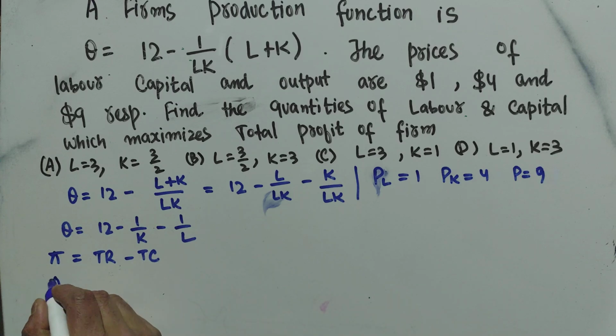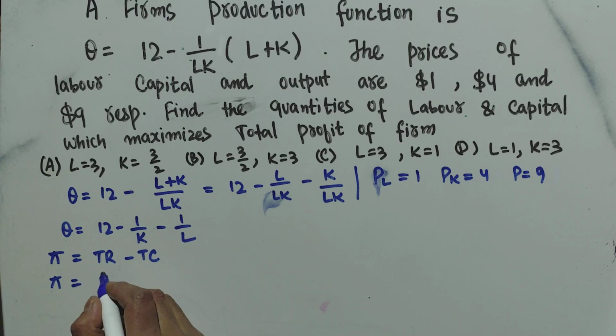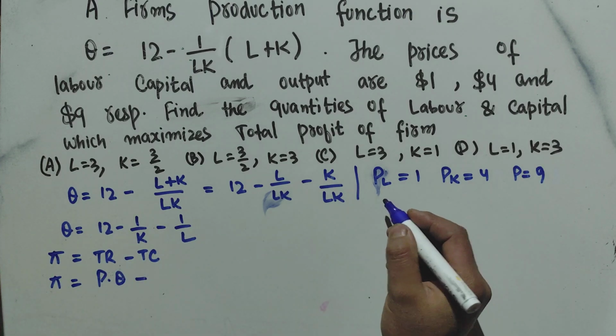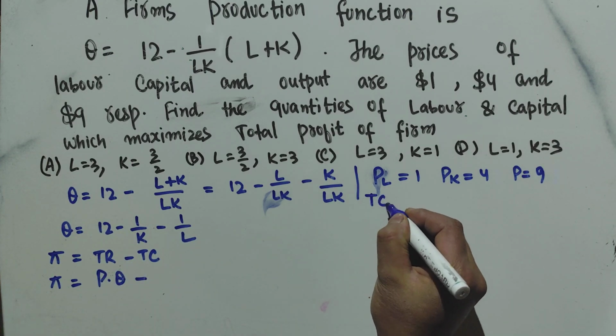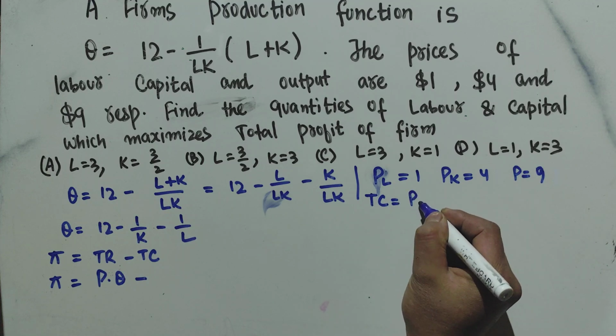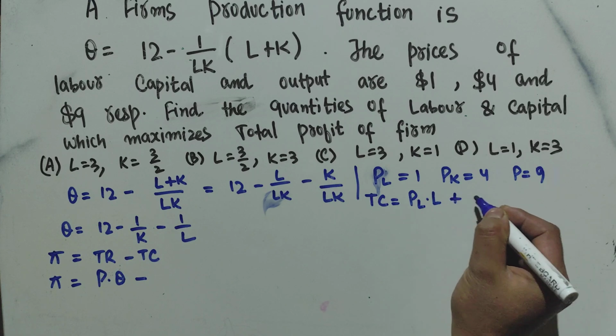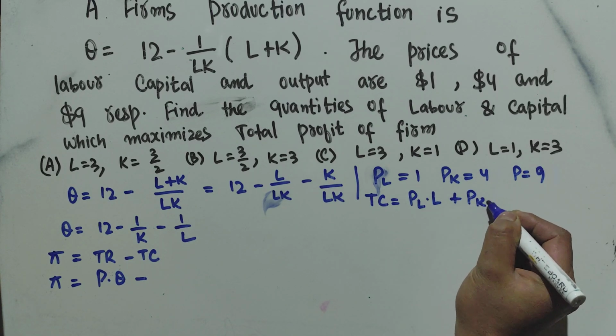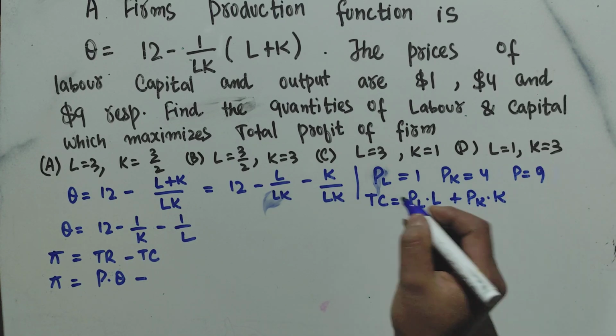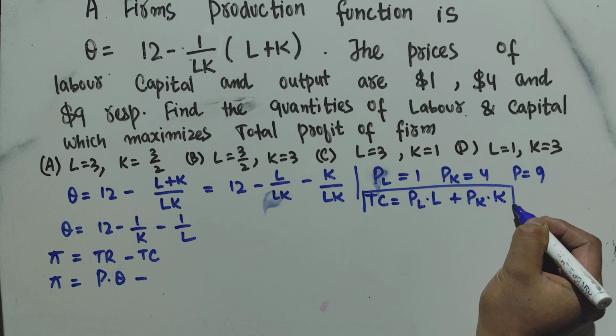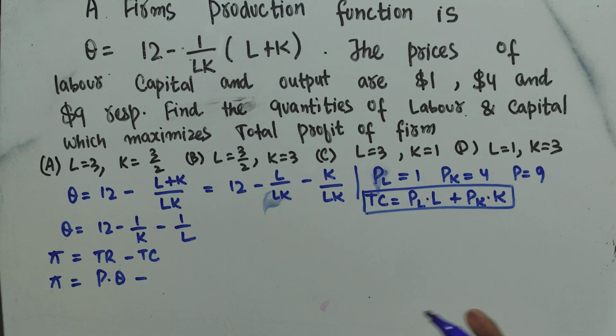Total revenue is simply price times output. Total cost will be equal to price of labor times units of labor employed plus price of capital times units of capital employed. That will be our total cost in terms of prices and inputs.